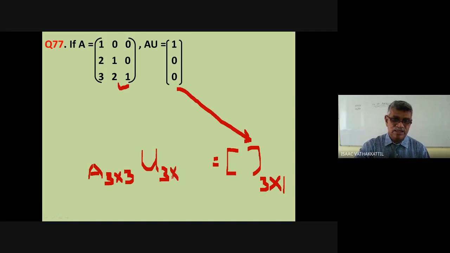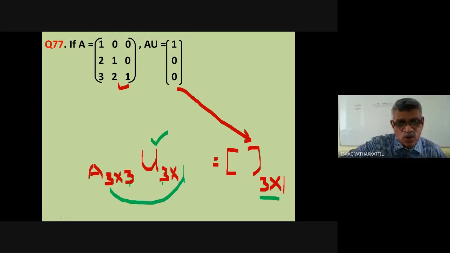That must be 3 by 1. Then only these 3 and these 3 will be the same, and the product will be of order 3 by 1. That means U also must be a column matrix of order 3 by 1.